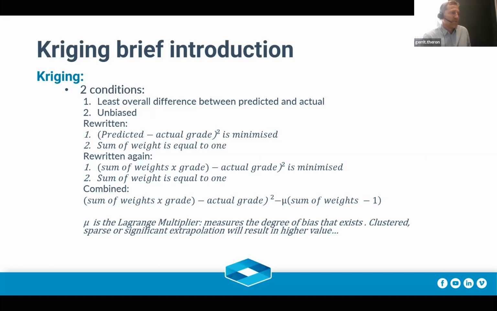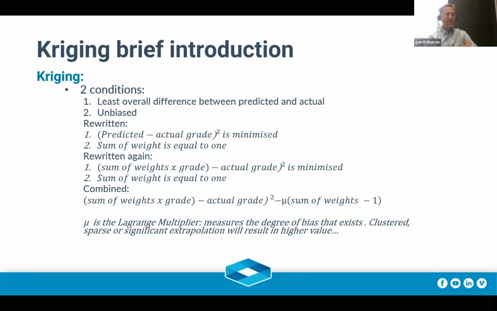And if we combine those two equations, we get the combined equation there at the bottom: the sum of the weights times the grade minus the actual grade squared, minus that Lagrange multiplier times the sum of the weights minus 1. Okay, so we can see there the Lagrange multiplier crept into the equation, and that basically, for now, without going into too much mathematical detail, measures the degree of bias that exists.